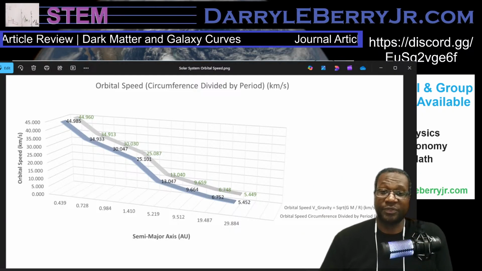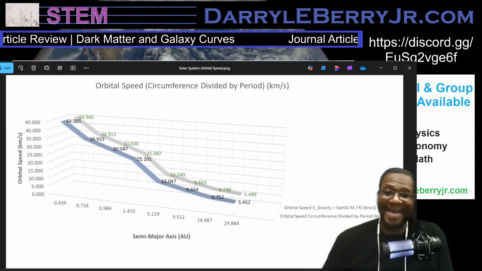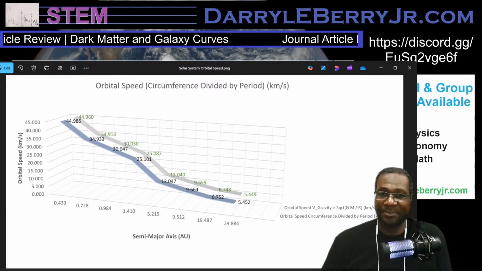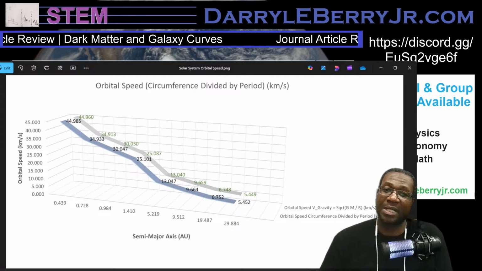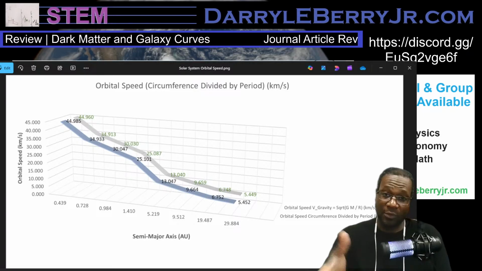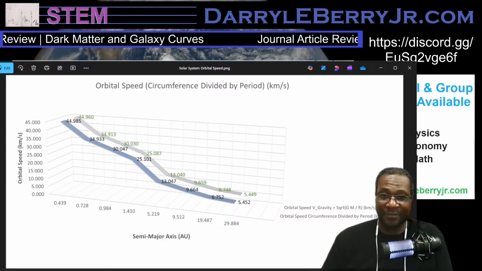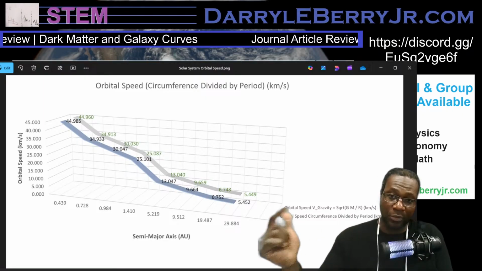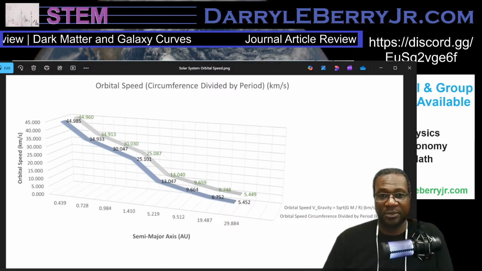So within the area of a solar system, the mass that's having the biggest effect on the velocity of the planets is the sun, right? Therefore, the farther away you are from that gravitational influence, you have to go slower to stay attached, right?